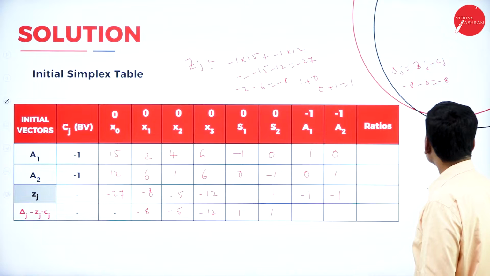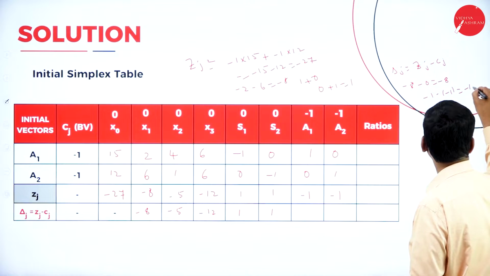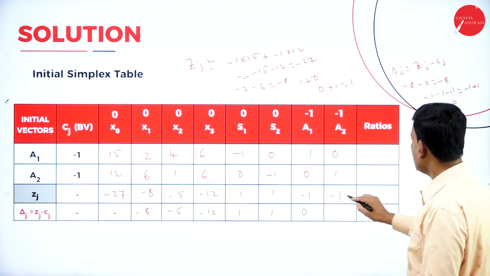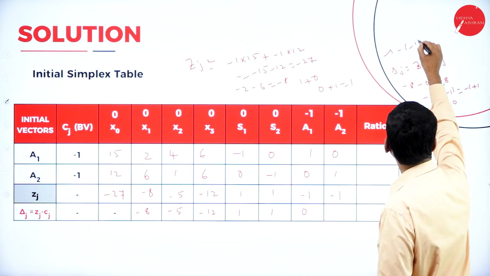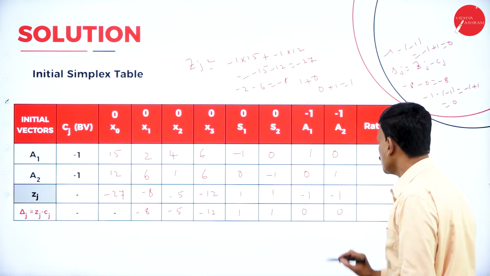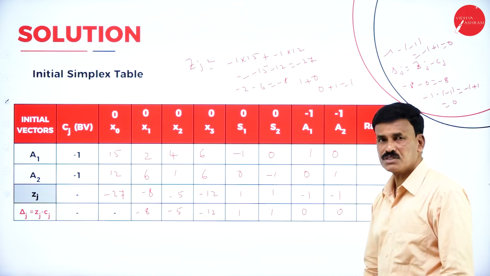Again here, -1 minus of -1, that's -1 plus 1, equal to 0. Again -1 minus of -1, -1 plus 1, is again 0. So A1 and A2 are 0, and the remaining values you are going to find.